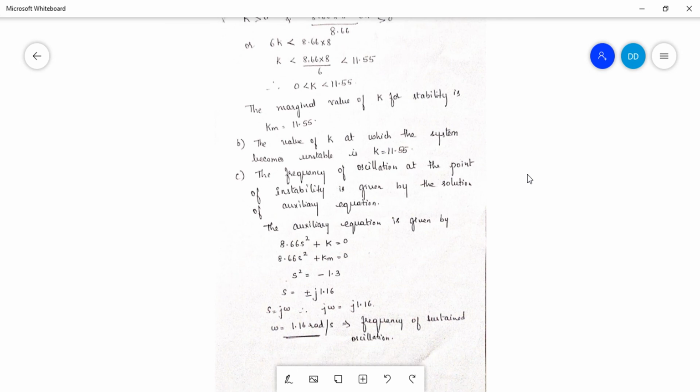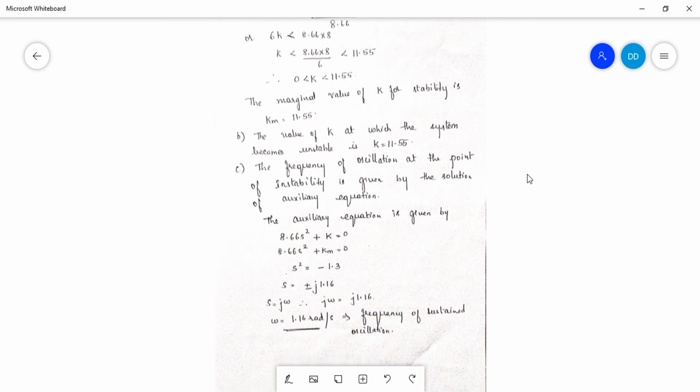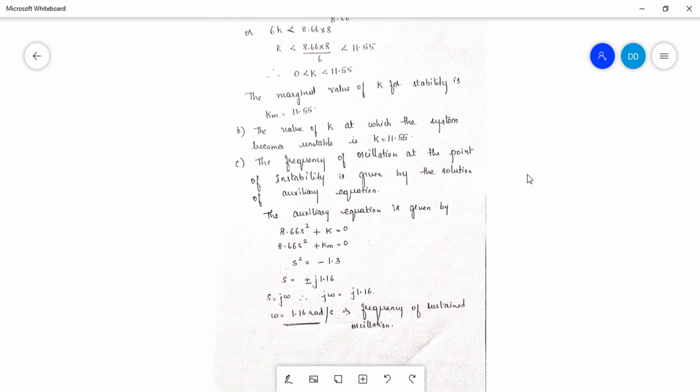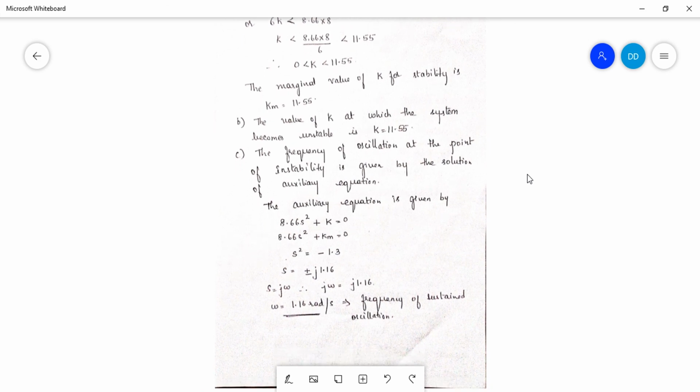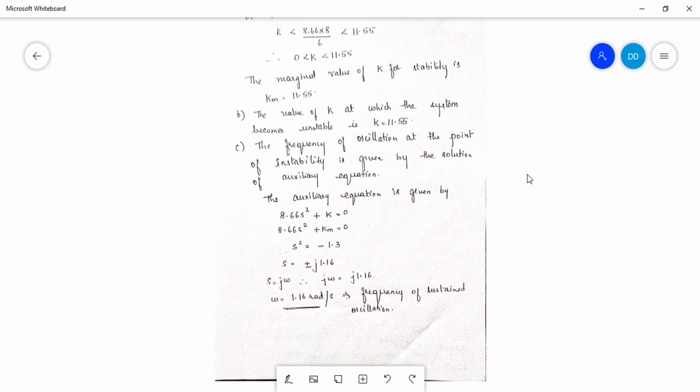So to find the frequency of oscillation, we should consider the auxiliary equation. So to consider the auxiliary equation, we take the s square row, where we have 8.66 s square plus k. K substituted as 11.55. So you get s square equal to minus 1.3. So on taking the square root, we get plus or minus j 1.16.